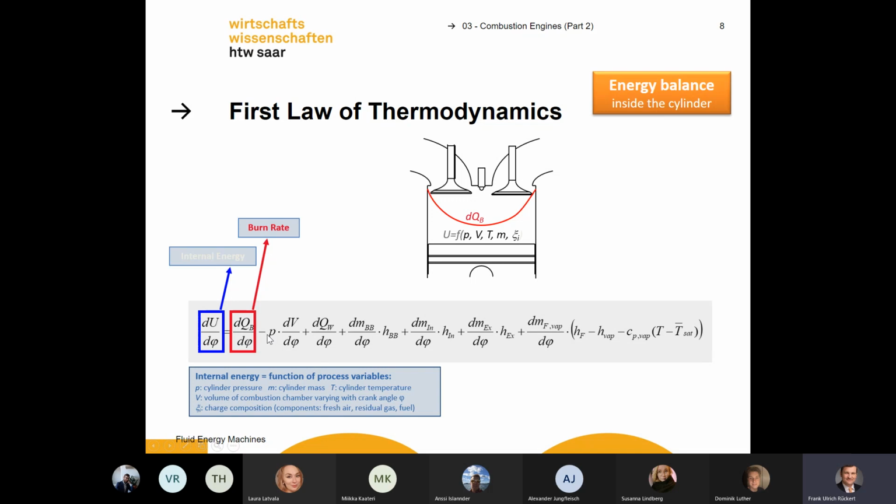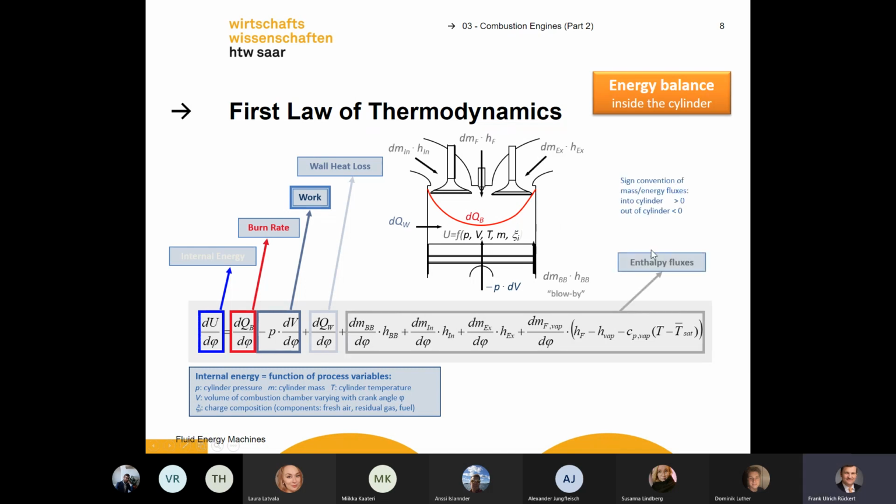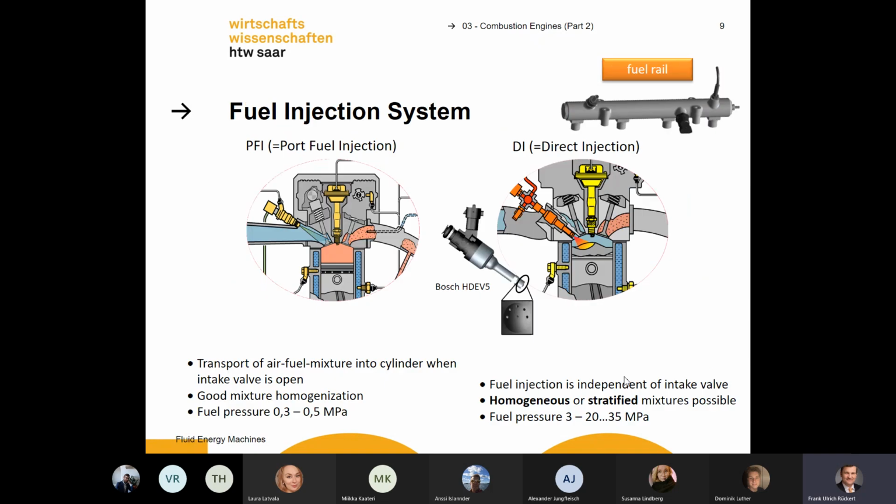So you have your burning rate, you have your work, that's the integral value of P times volume. You have your heat loss, and you have all the different energy fluxes. Okay, that's it. Let's come to the different systems.